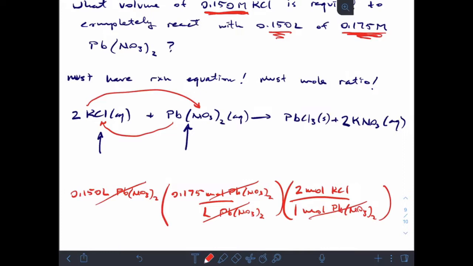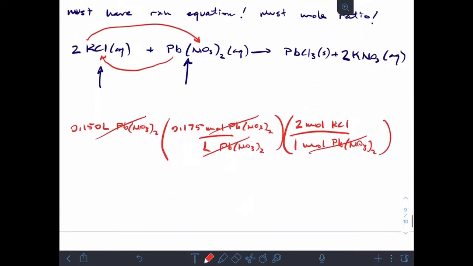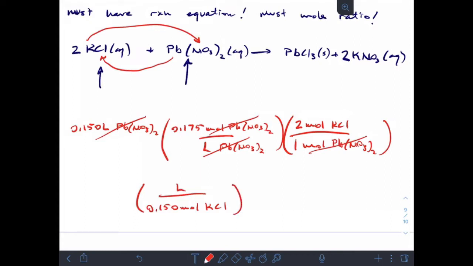So moles are on top right now, so I'm going to put moles on the bottom in my next step. All right, so my moles of KCl will cancel moles of KCl, leaving me with volume of potassium chloride, which is ultimately what I am after.